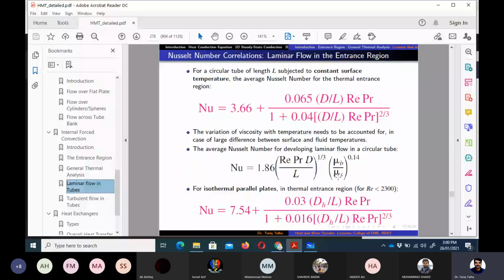Mu s is the viscosity determined at the surface temperature of the cylinder or pipe, and mu b is at the bulk mean temperature, which is the average of inlet mean temperature and outlet mean temperature. Similarly, for the isothermal parallel plates, in the entrance region we can have this correlation for the Nusselt number.